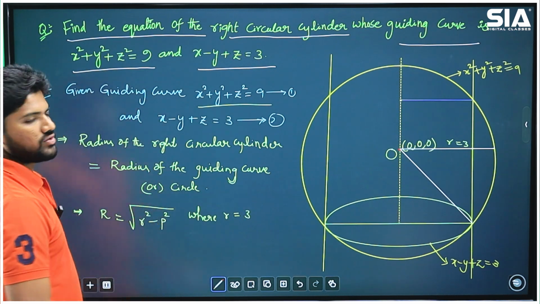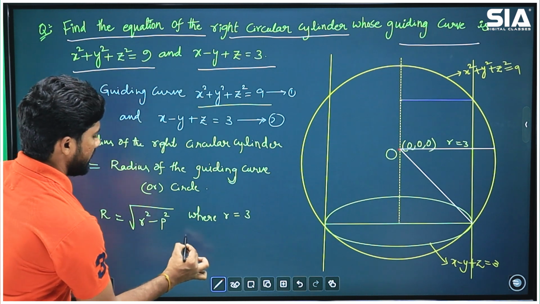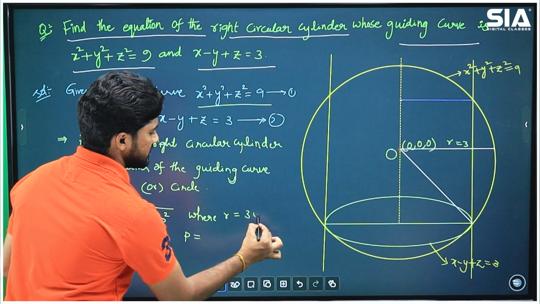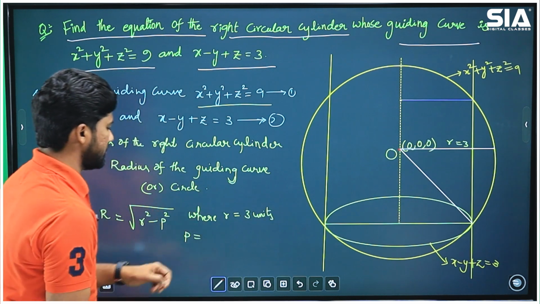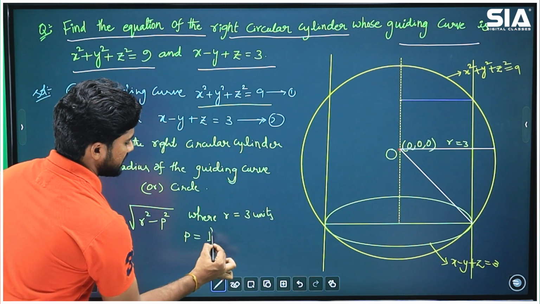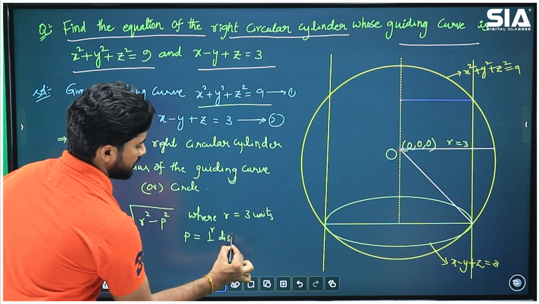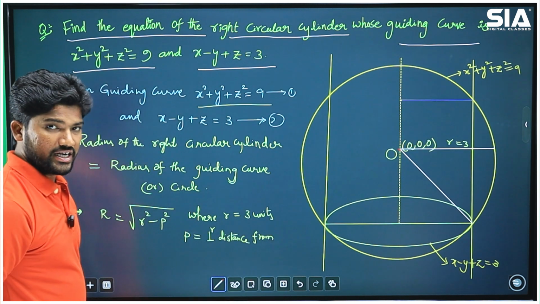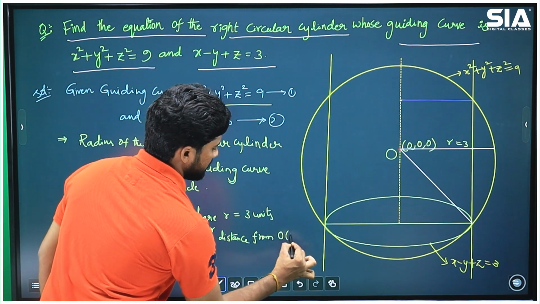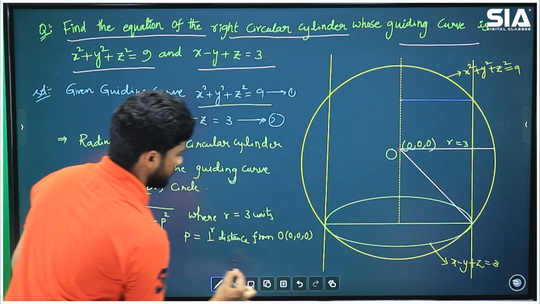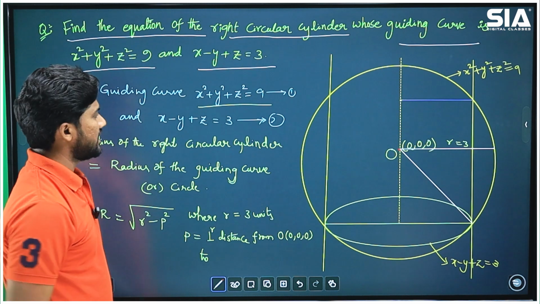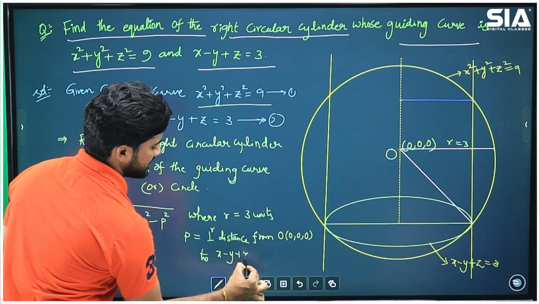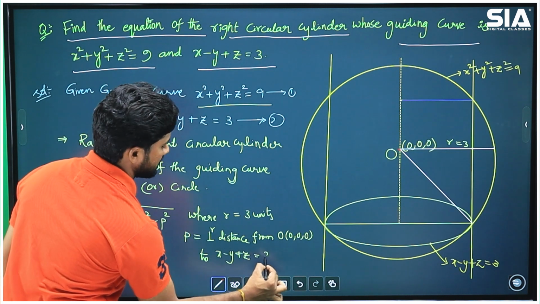And we have to find the p value, where r is equal to 3 units, and p is equal to the perpendicular distance from 0 comma 0 comma 0 to the given plane, equation number 2, x minus y plus z is equal to 3.